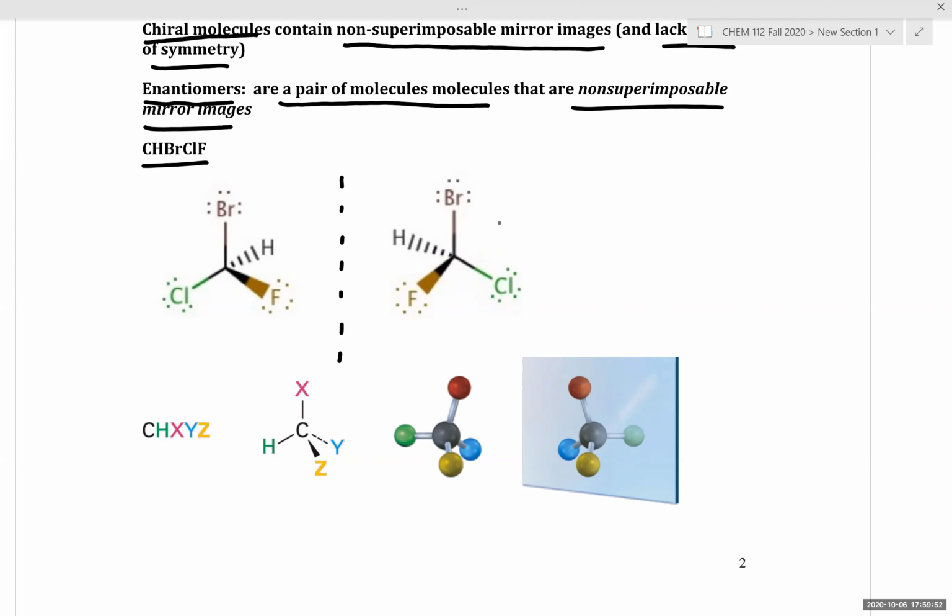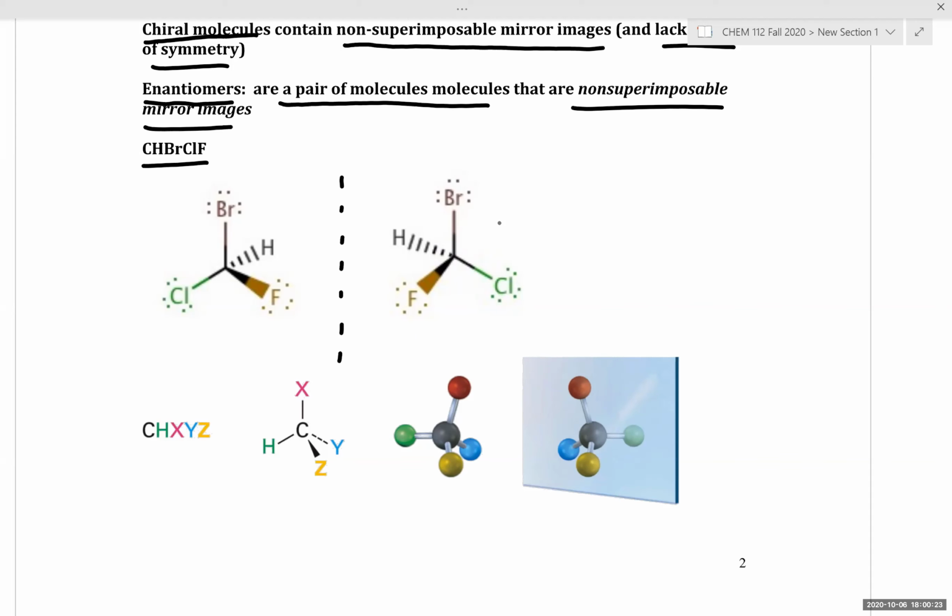I'd like you as well to follow along with your own model kit, and I would recommend that you also put together a model of this structure, so that you can more easily visualize and identify that these two compounds are enantiomers of each other.